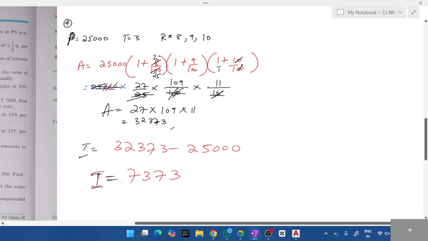Complete it till here. I'll tell you the difference between when to use the formula and the normal method.